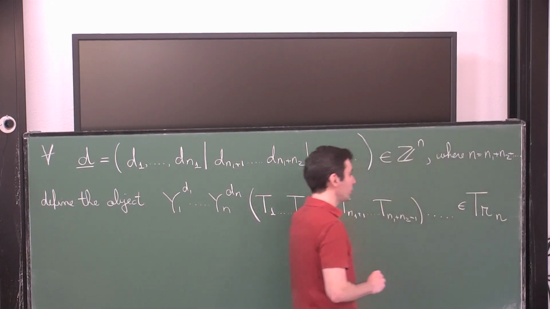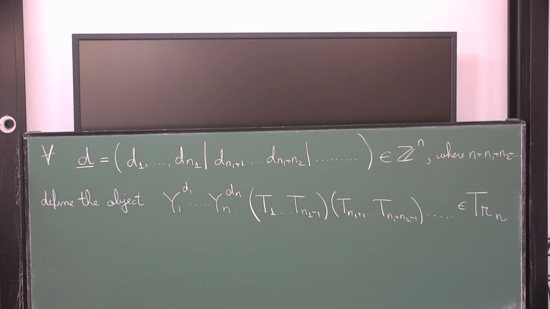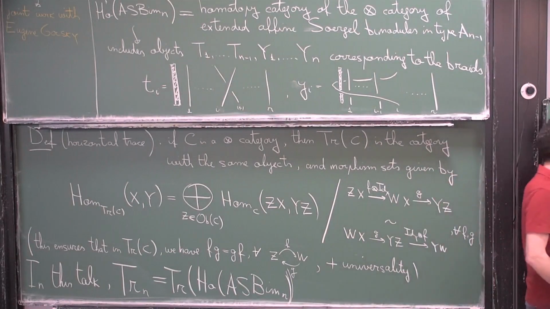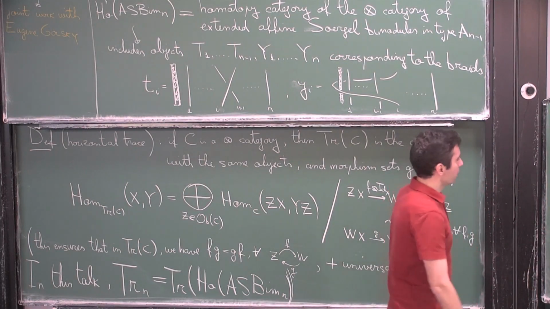And this now, I will think of as an object inside N, an object in the trace of the affine Hecke category. It's definitely an object in the Hecke category itself. But we will study it as an object in the affine Hecke category where it has a lot more morphisms, and well, the morphisms are different.